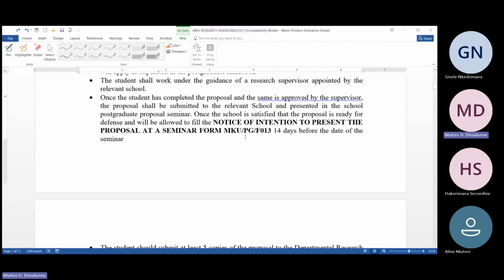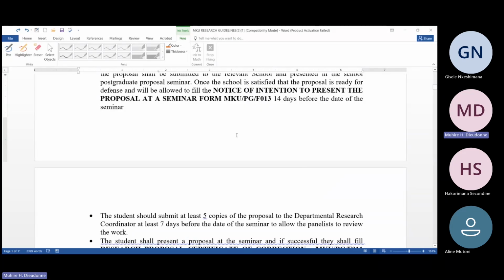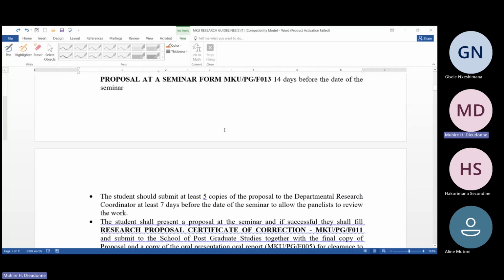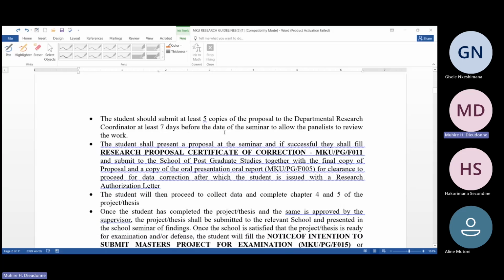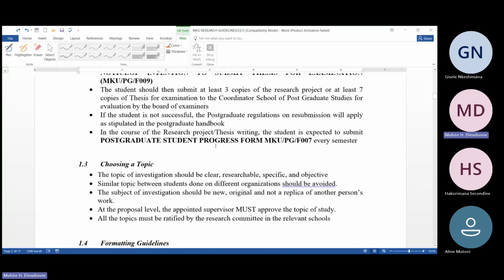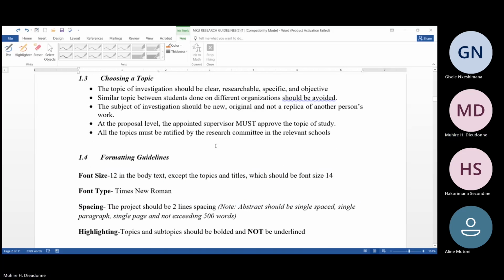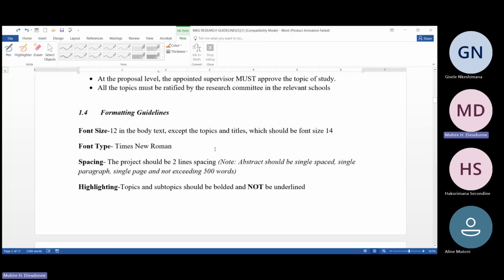But what we are going to do is about a research proposal, how to make a very nice research proposal. What is the guide that we need to follow? So first of all, I want to take you through the formatting guideline.